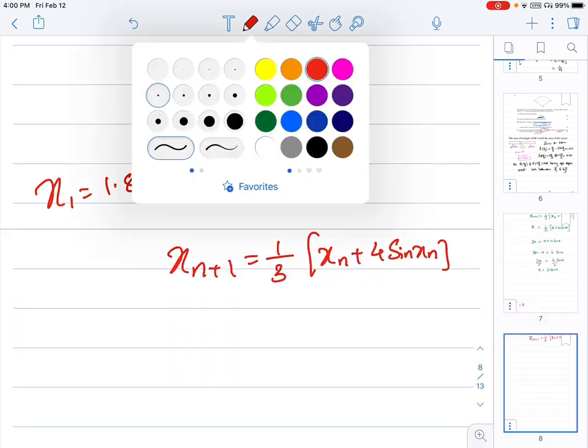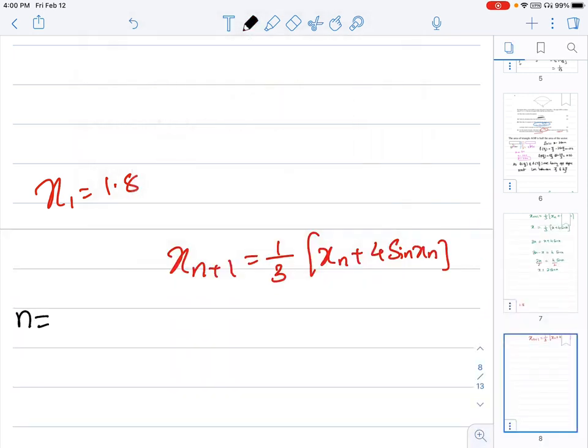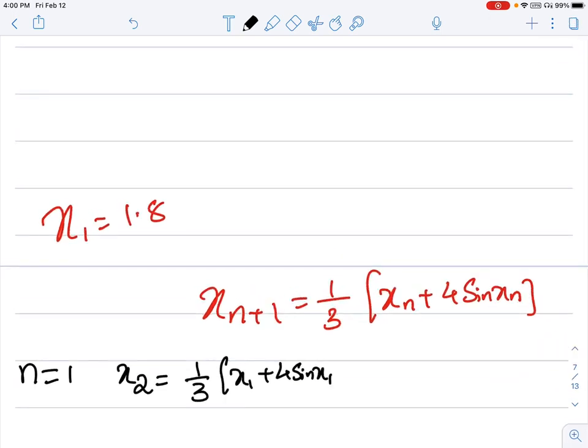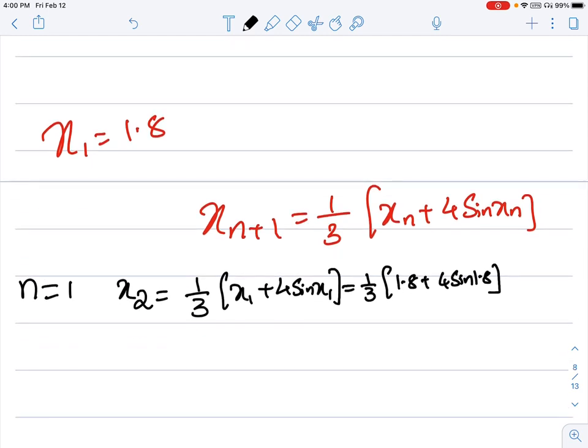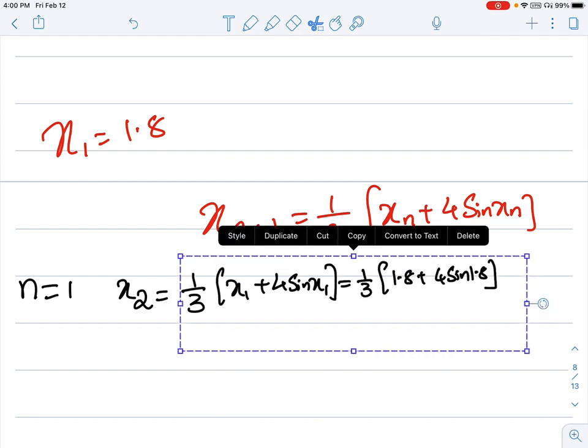So I start with n equal to 1, so I get x2 = 1/3 x1 + 4 sin x1, which is 1/3 times 1.8 plus 4 sin 1.8. Because of lack of space, I will directly write this.